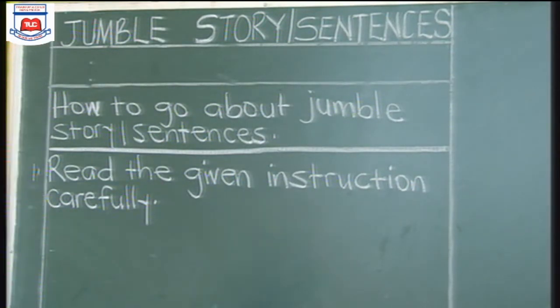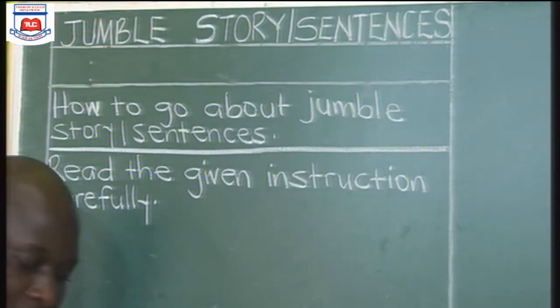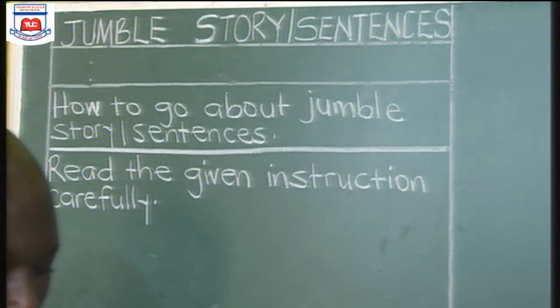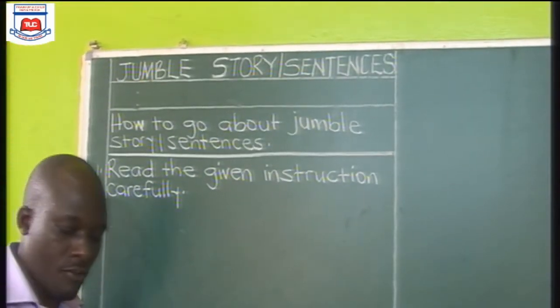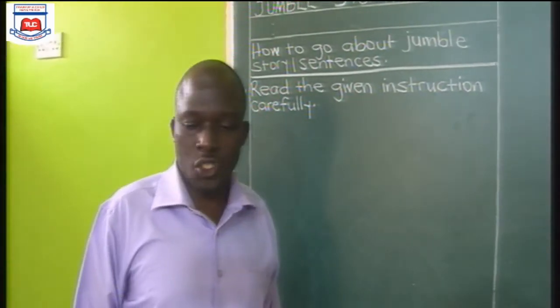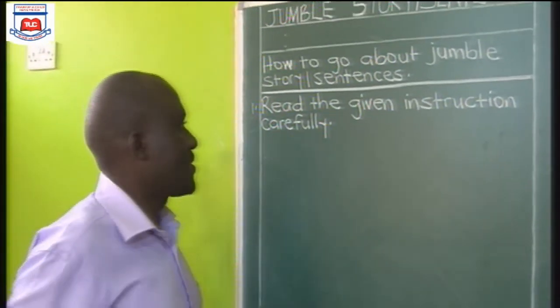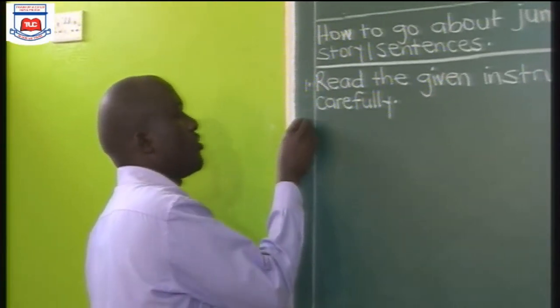Like today, the jumble we are going to look at, the instruction is the sentences below are not in the correct order. Rearrange them to form a short composition about a letter to a cousin. That is the instruction of our today's jumbled story.